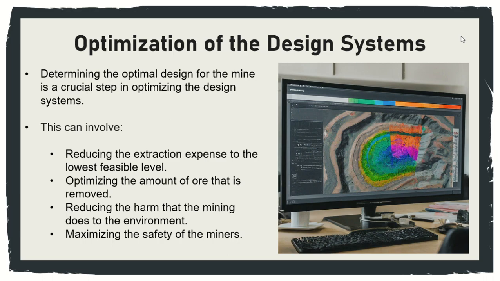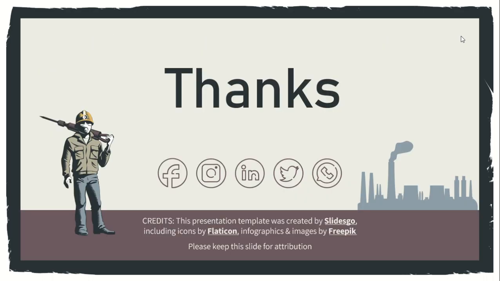Optimization of the design system is an iterative process that involves making trade-offs between different objectives. There is no single best design for a mine, as the best design will depend on the specific circumstances of the mine.